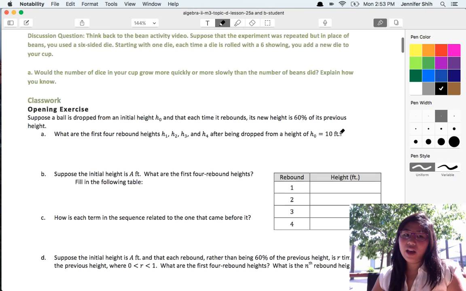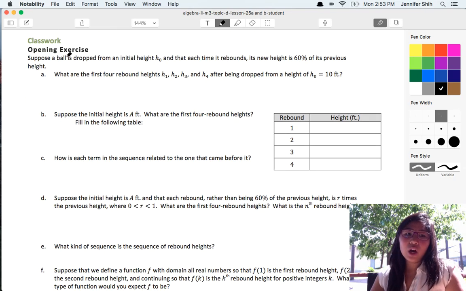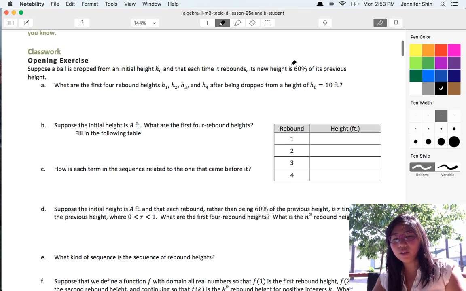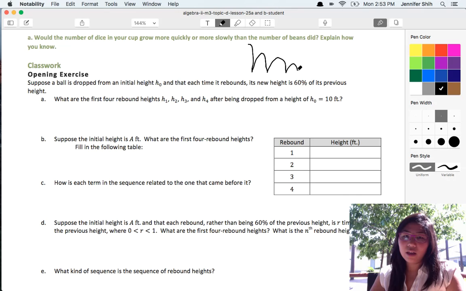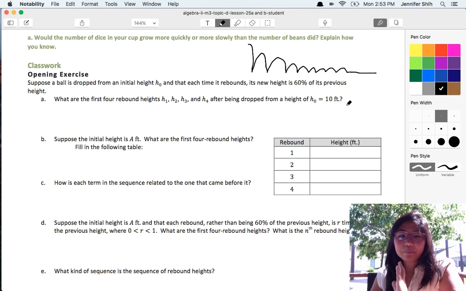So let's look at the opening exercise. Suppose a ball is dropped from an initial height h sub naught, and that each time it rebounds, its new height is 60% of its previous height. We've all done this before. We've taken a ball, it bounced up, it bounced back down, it bounced up a little bit more, a little bit more, until we have to go pick it up again.